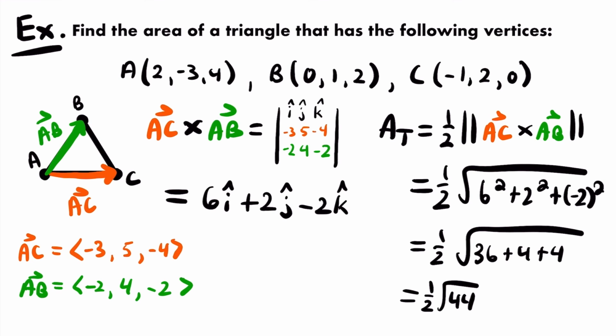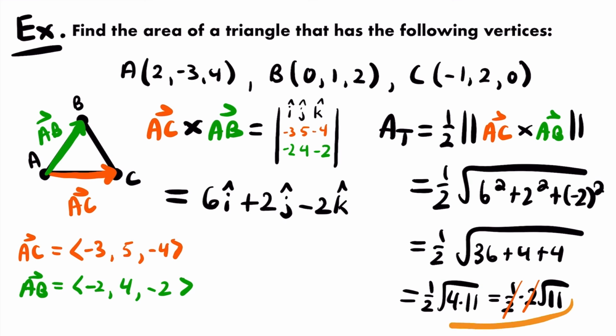And 44 is divisible by 4, which is a perfect square. So you could rewrite this to be 4 times 11. That's the same as 44. And we know that the square root of 4 is 2. So this would be equal to 1/2 times 2 square roots of 11. But then that 1/2 and that 2 will cancel each other out because 1/2 times 2 is 1.